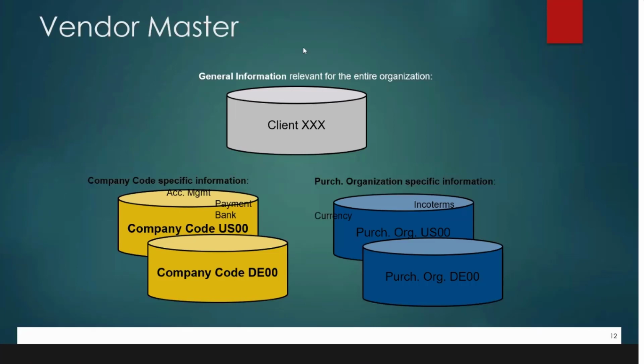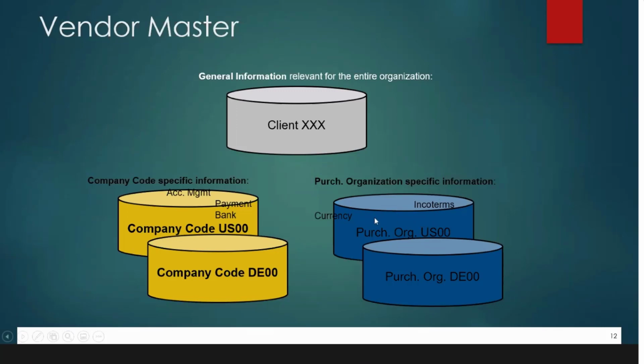So when you go to the SAP system, you will see that the vendor is a category of data, and you have different views. You have a view of client, and maybe you can maintain information of the vendor based on the purchase organization.